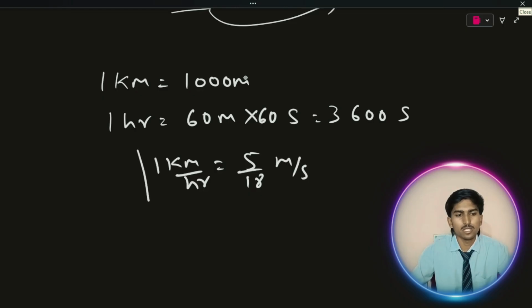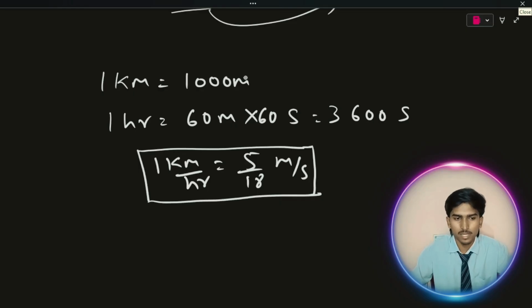You should know this, because whenever the problem gives kilometer per hour and the options are in meter per second, you can apply this directly and get the answer. You can save some time.